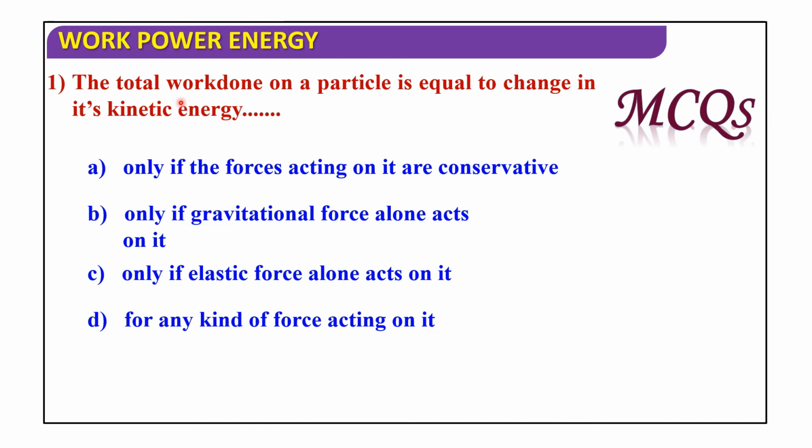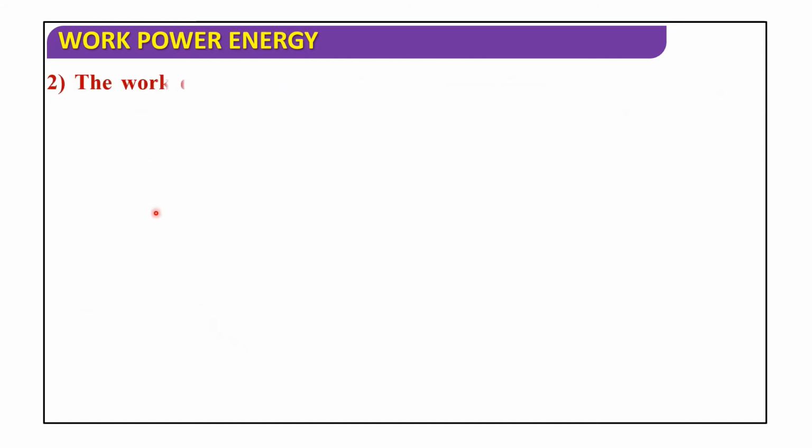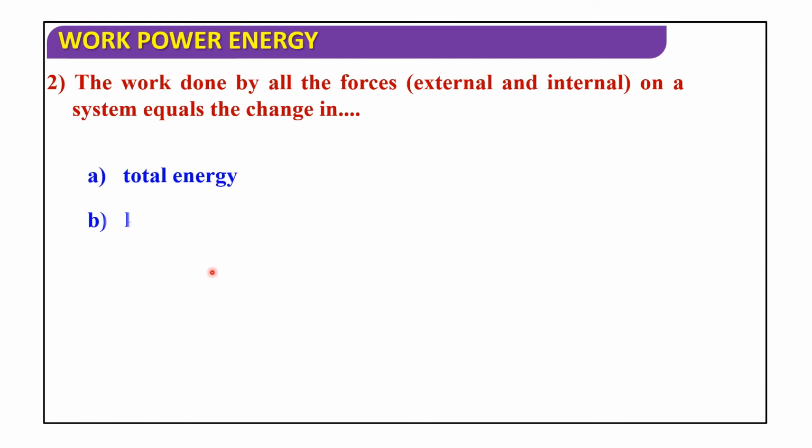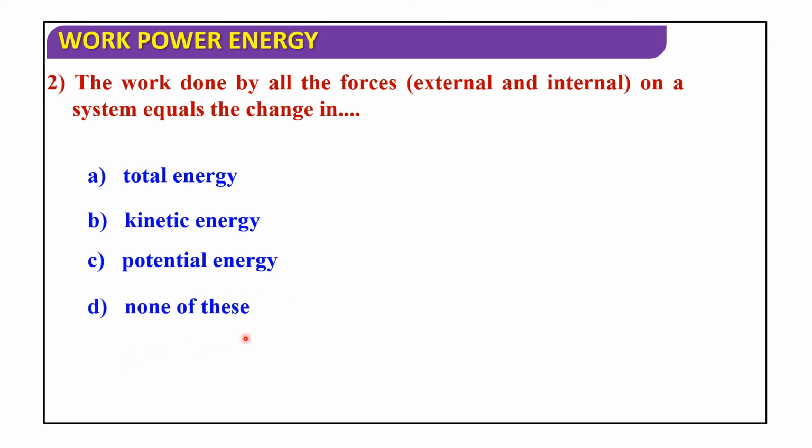The total work done on a particle is equal to the change in kinetic energy for any kind of force acting on it. The work done by all the forces on a system equals the change in total energy, kinetic energy, potential energy, or none of these. So the work done by all forces, external and internal, on a system equals the change in kinetic energy.